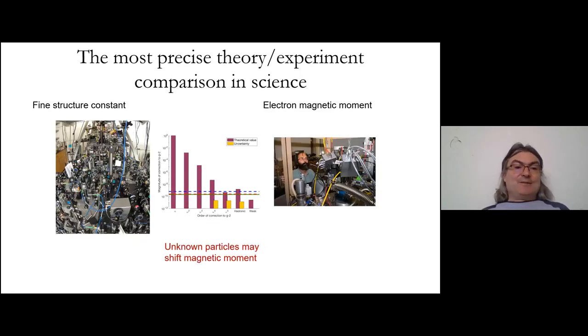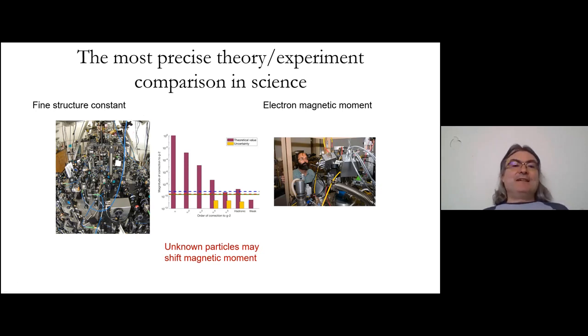Why measure it very precisely? Well, the fine structure constant and the magnetic moment is kind of a lucky case in physics. If the fine structure constant is measured, for example, by atom interferometry to extremely high precision, theory can calculate the electromagnetic moment to extremely high precision.